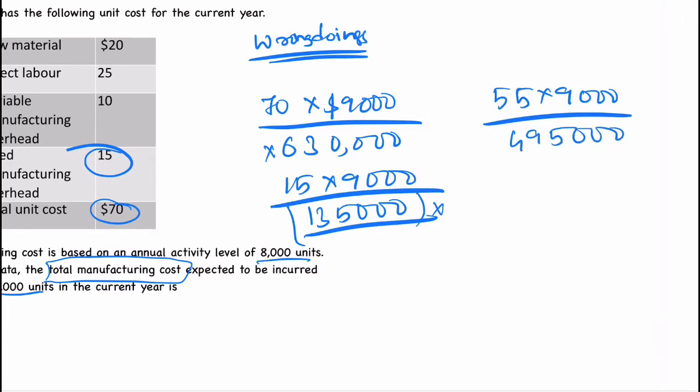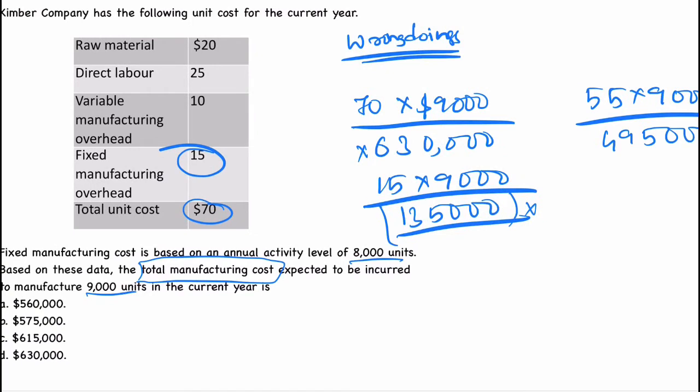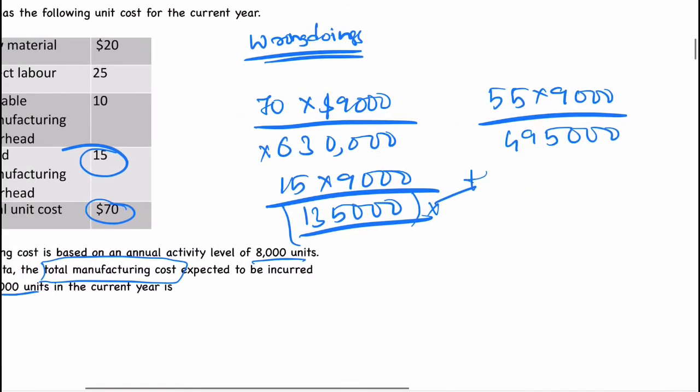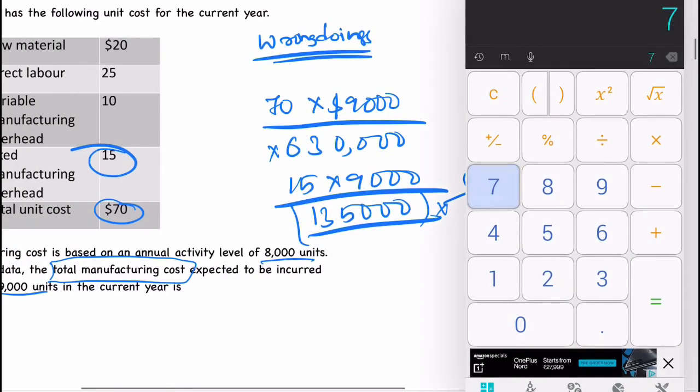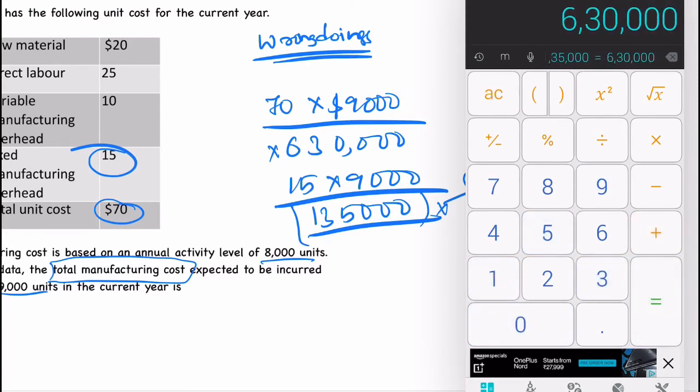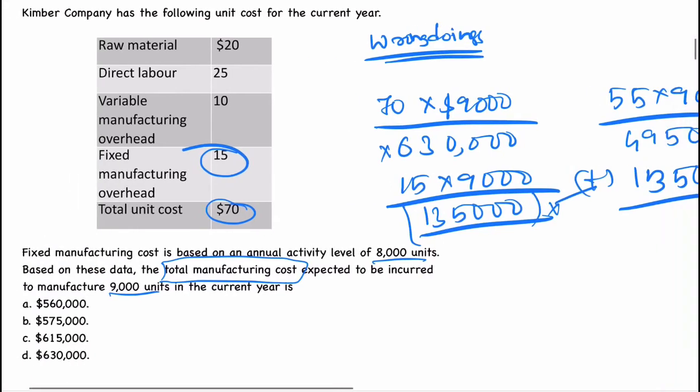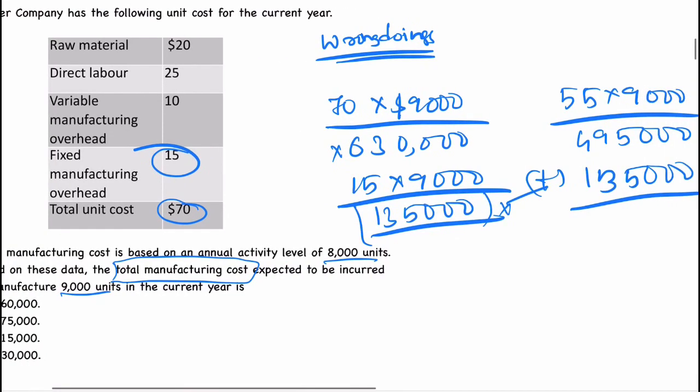After that we add this fixed manufacturing overhead also, plus 135,000. 495,000 plus 135,000, 630,000 again. Basically we did the same. So like this, so many different mistakes we do.